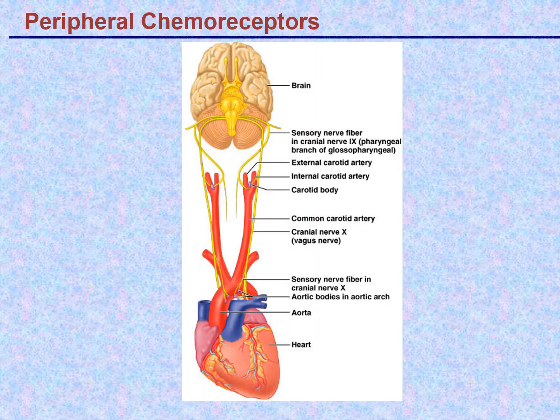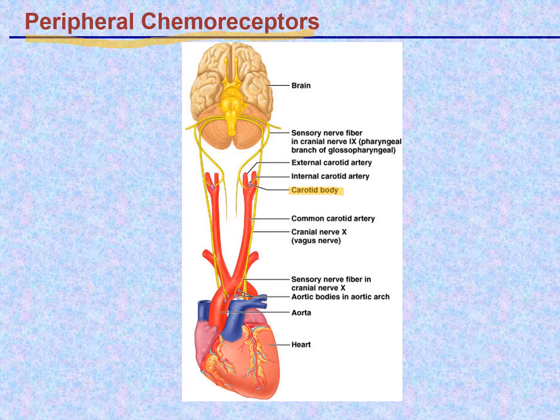So here we see a diagram looking at those peripheral chemoreceptors. There's the left carotid body, and there's the right carotid body, on the right carotid artery and the left carotid artery.